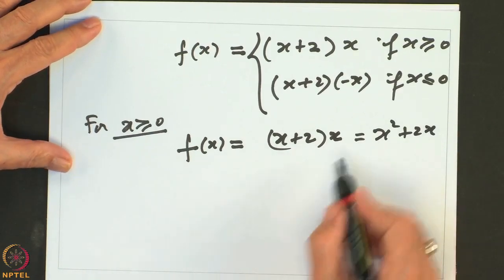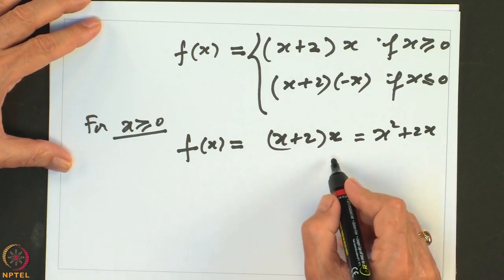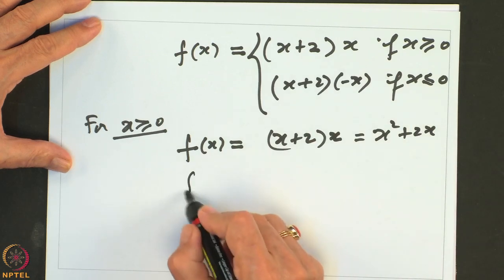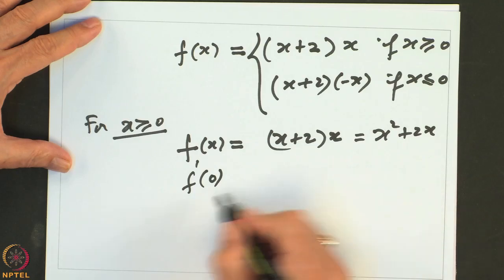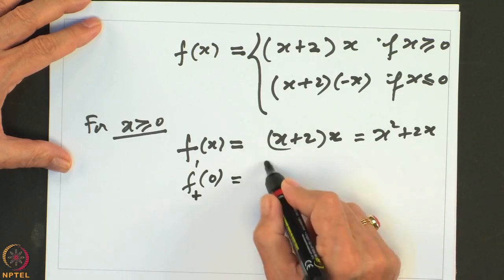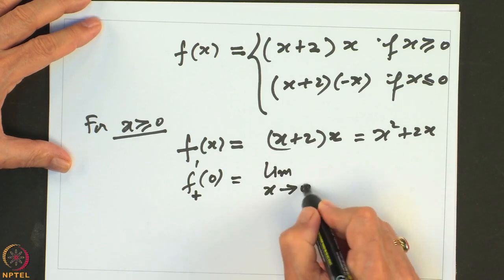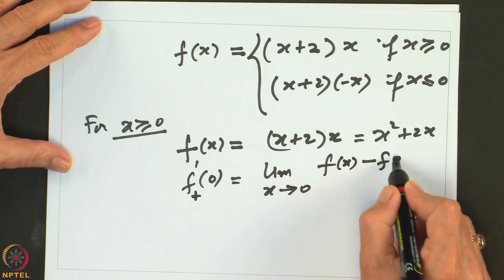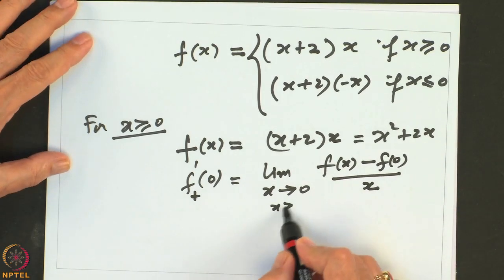If I look at the derivative at the point 0, the value of the function at 0 is 0. So, what will be the f dash at 0, coming from the positive side? That will be limit of x going to 0 of f of x minus f of 0 divided by x, x positive.